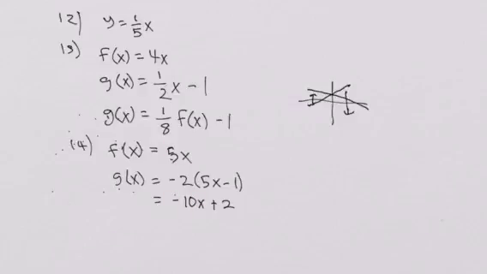We must have multiplied f of x by negative 2, and that would let us write g of x as negative 2 times f of x. But then we have that plus 2 hanging out there. And that plus 2 is a vertical shift upward.